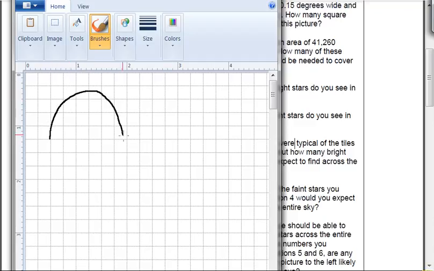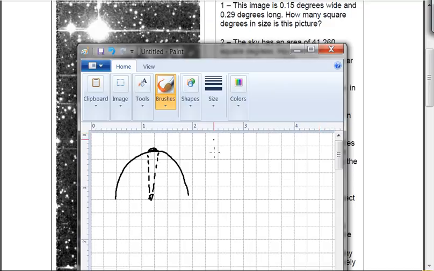Here's the sky, here's your eye, and you see maybe this much right here. The way we measure the distance from here to here would be more in degrees instead of centimeters. So if that photograph represents 0.15 degrees wide, all they're saying is you've got a square or a rectangle photograph.